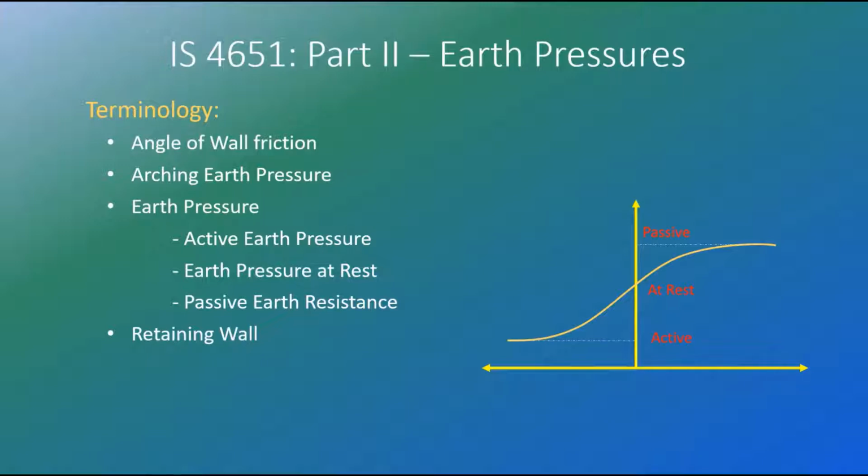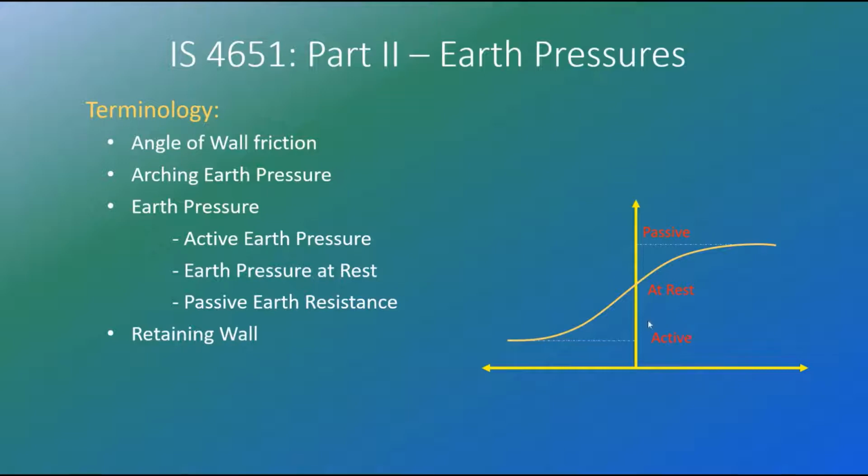Moving on to three commonly encountered terms in geotechnical engineering. Active earth pressure is exerted on a wall when the wall moves sufficiently away from the backfill by either translatory motion or rotation. Earth pressure at rest is a condition where any form of movement is arrested. Passive earth resistance occurs when the wall moves sufficiently towards the backfill.